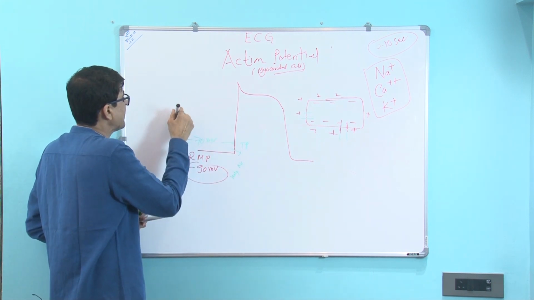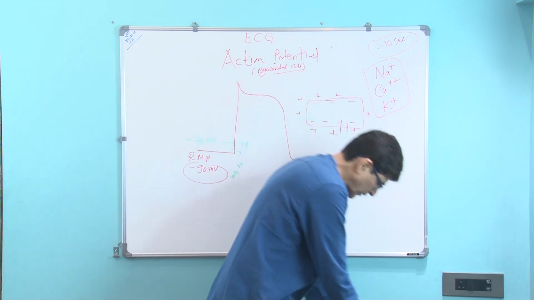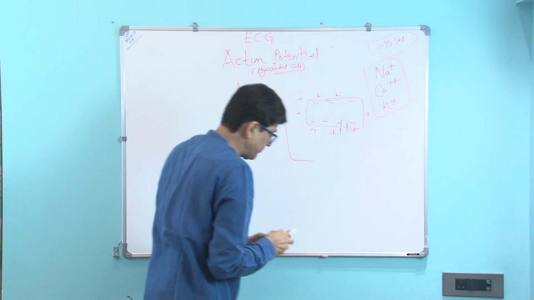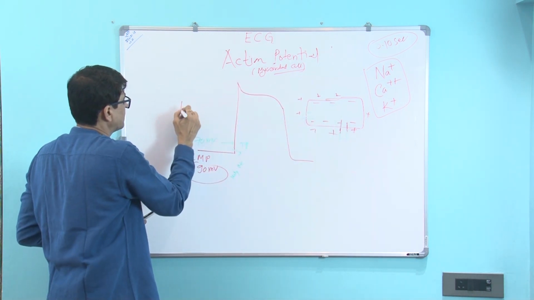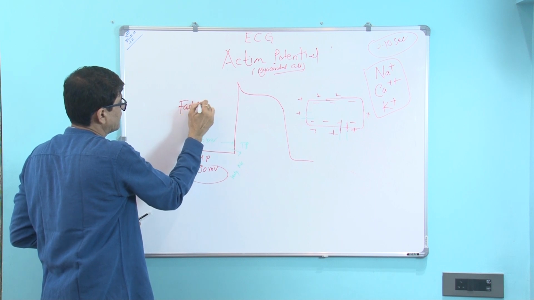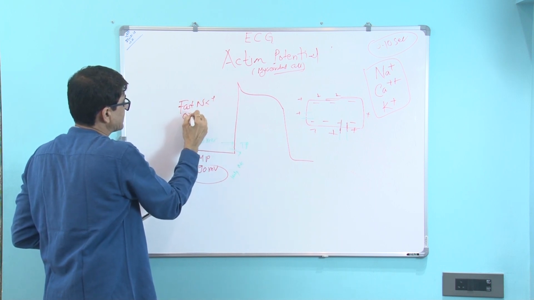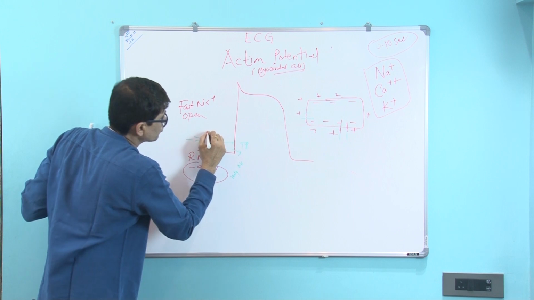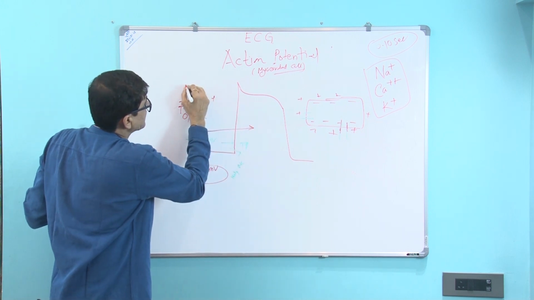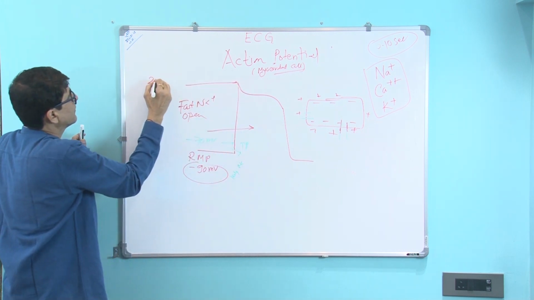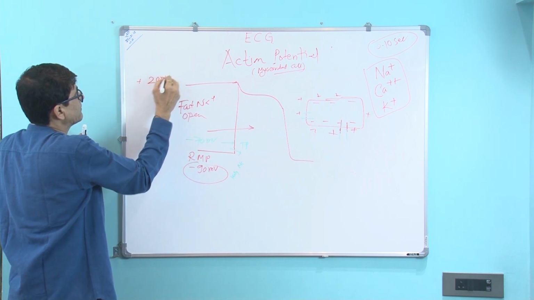As soon as it reaches the threshold potential, fast sodium channels open. What happens? Sodium enters, and it goes to almost plus 20 millivolt.